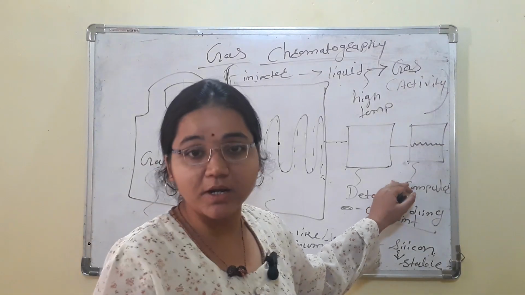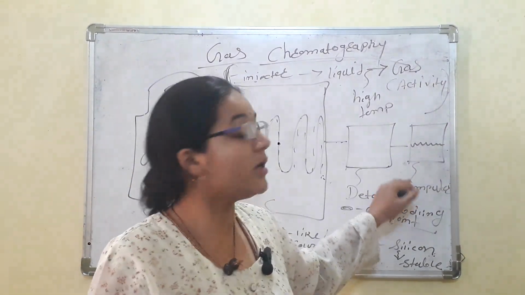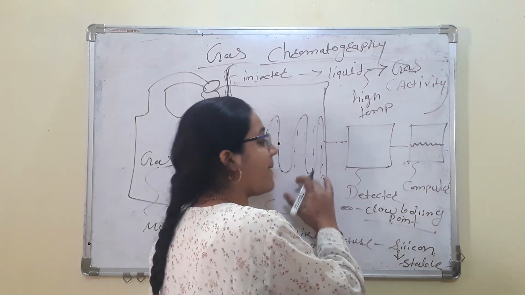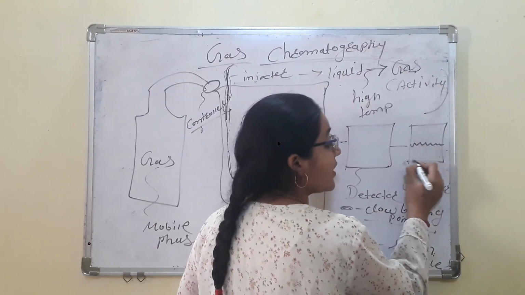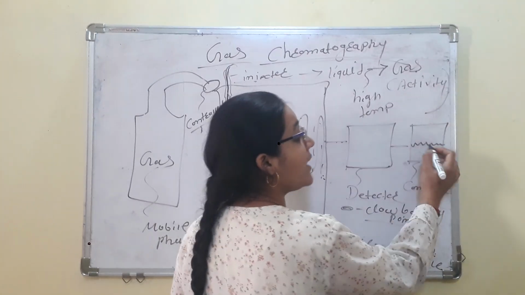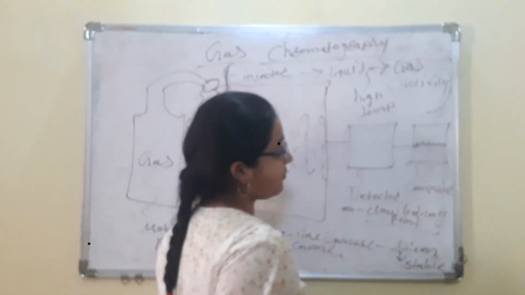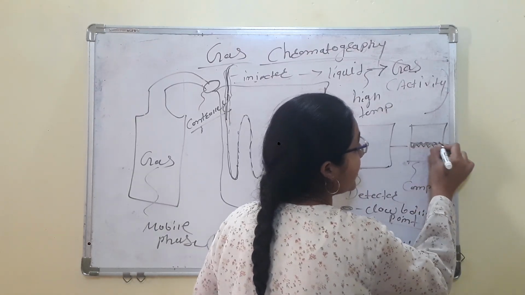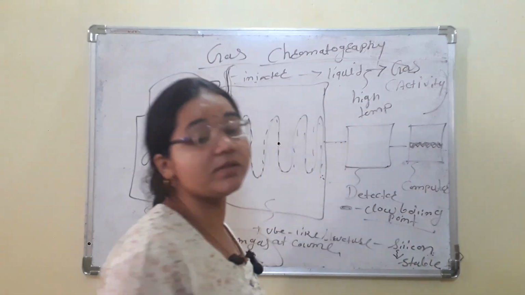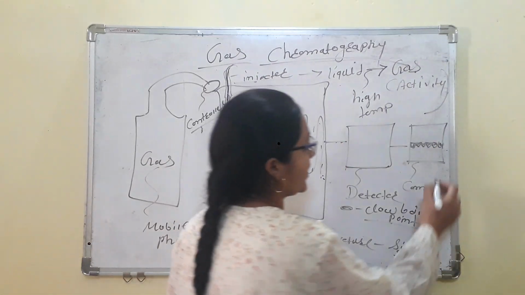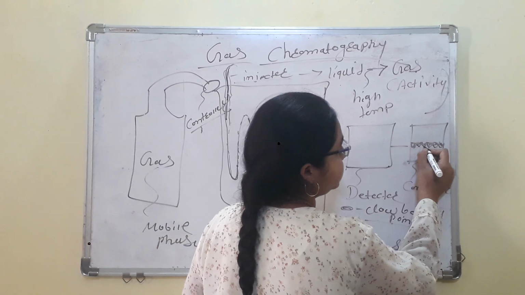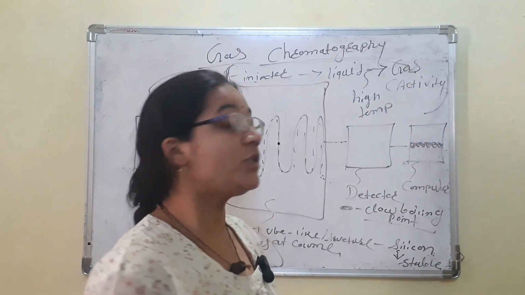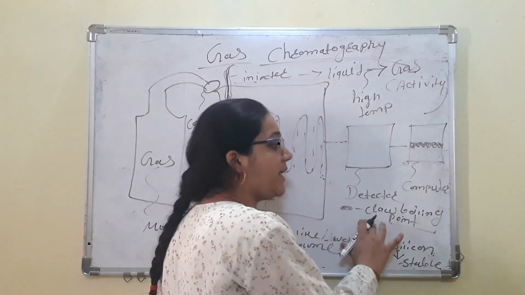Then these samples pass to the computer and are displayed as a structure, first the flow rate. It is also called the first peak. Always in this technique, the first peak is made by the low boiling point sample. That is our first peak.